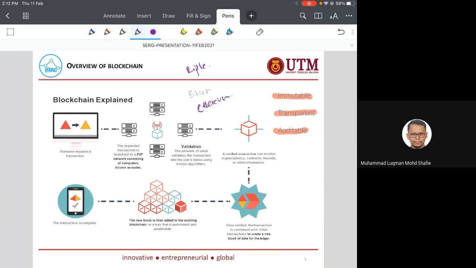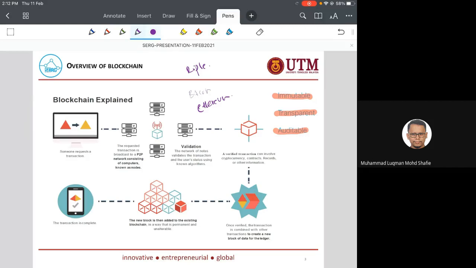We use the P2P network, meaning everybody sees the transaction and everybody must trust and agree on all the data in the block. If one of the parties does not agree, the transaction cannot be executed.